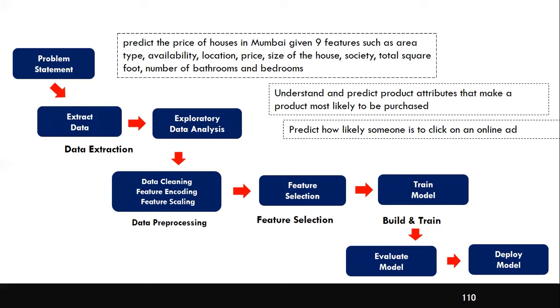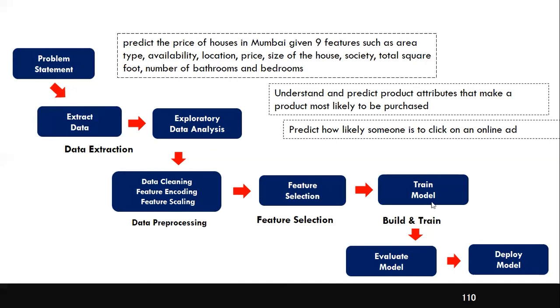But usually we conduct extensive exploratory data analysis, and then we do extensive data pre-processing, because in a real-time scenario the number of features is larger and the volume of the data is also larger. In that case, we spend more time on these steps, and some time on feature selection. But importantly, in data pre-processing we spend close to 50 to 55% of the time.